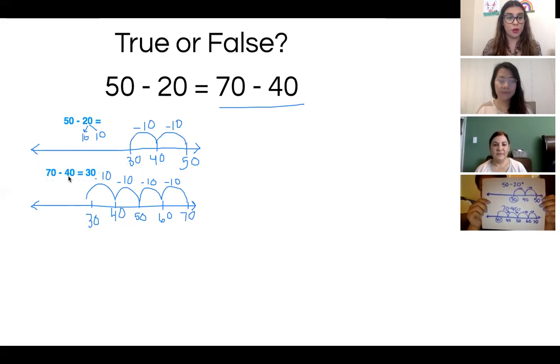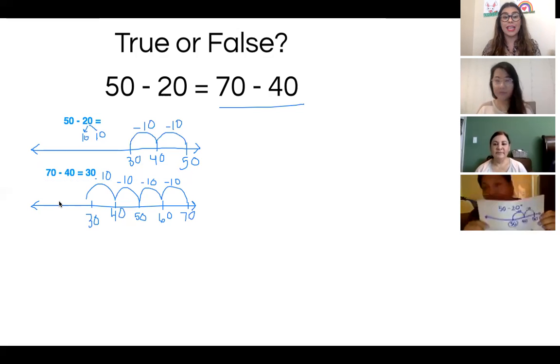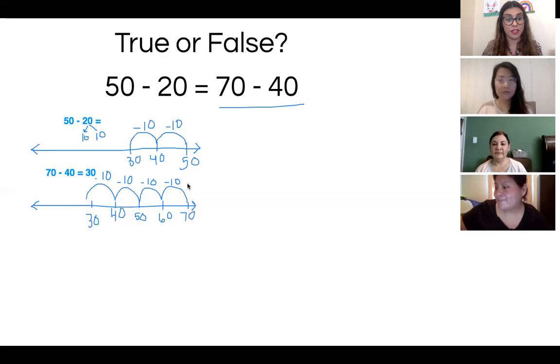And you decompose the 40 into 4 tens. Remember that 40 is made up of 4 tens. So that's why we were able to jump back 4 times, 10 jumps, but 4 times 10, right? All right. And then this answer is also 30.